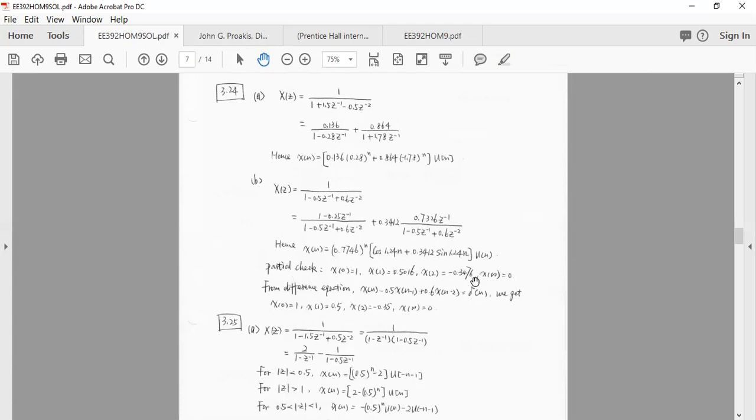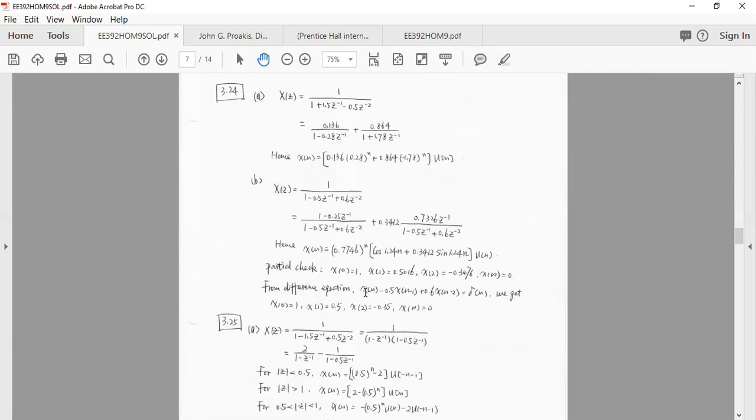This is what we get if we perform a partial check on this part, and then we can use the difference equation. If we take the denominator and multiply it to this side, we get X of z minus 0.5 z to the power of negative 1 multiplied by X of z plus 0.6 z to the power of negative 2 multiplied by X of z equal to 1.